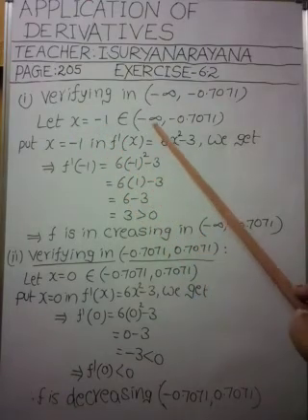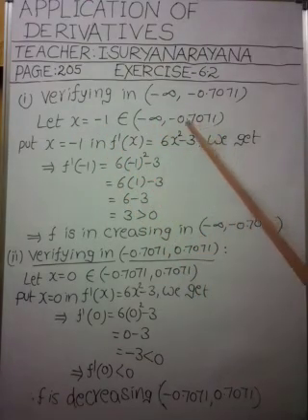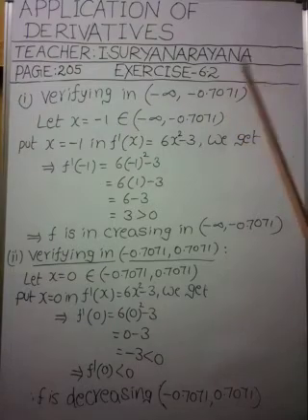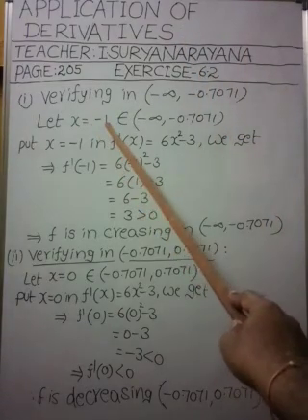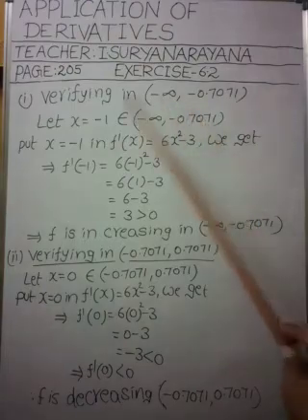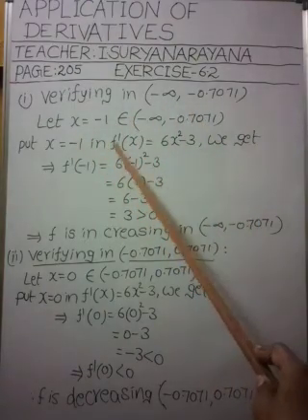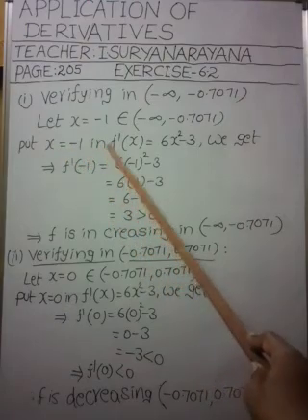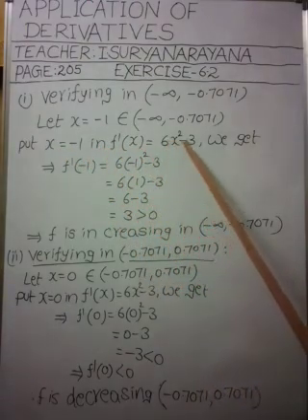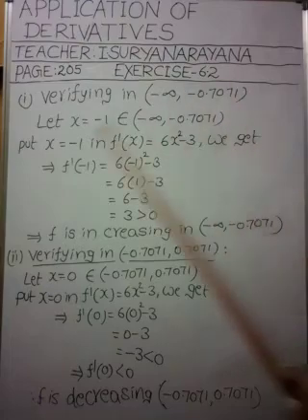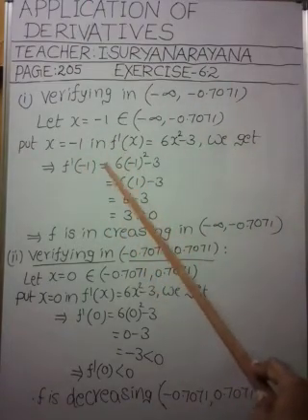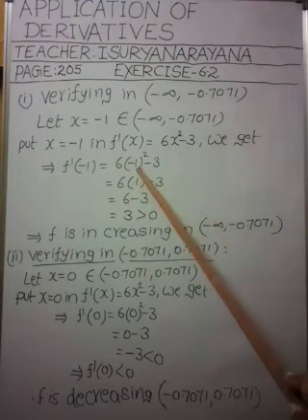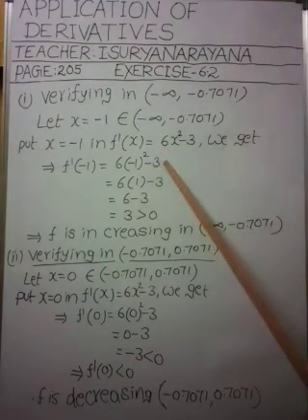This number belongs to this open interval. After selecting a number in this interval, we have to substitute that number in f dash of x. So put x is equal to minus 1 in f dash of x is equal to 6x square minus 3. Then we get f dash of minus 1 is equal to 6 into minus 1 whole square minus 3. Understood this step, my children?